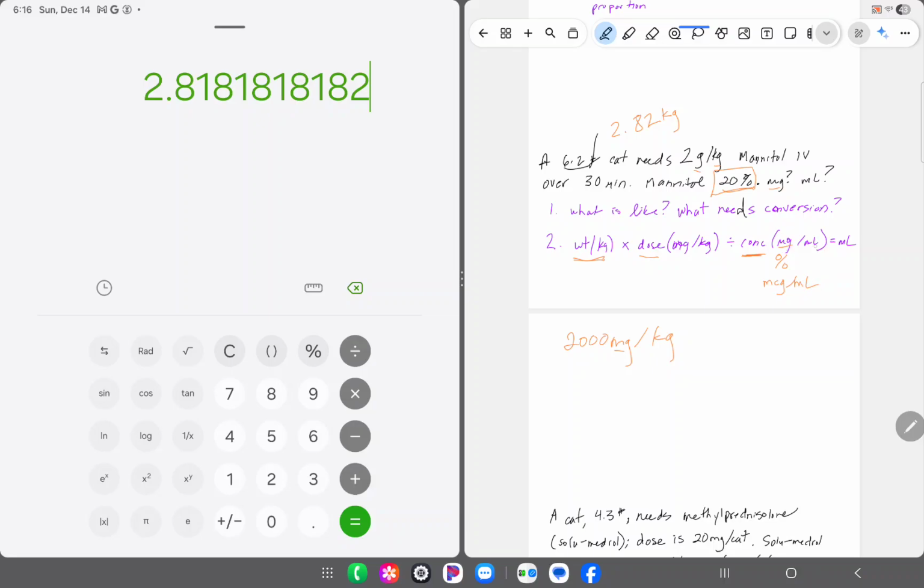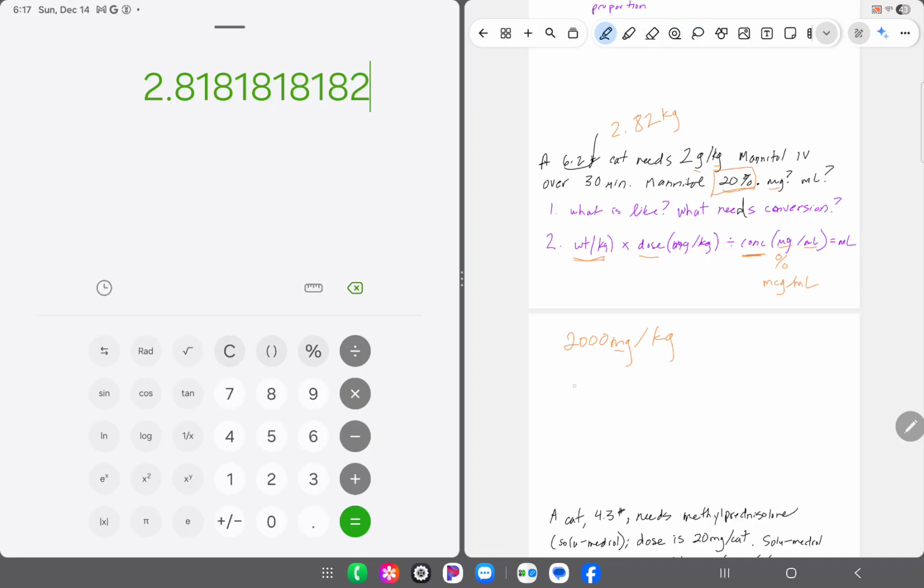It can be a milligram per mil. It can be any of those things. However, percent, unless it's told you need 2% per kg, and then you could somehow figure it out from there. See, it doesn't work because we don't have how many mils, milligrams per mil, in any of these answers, right?